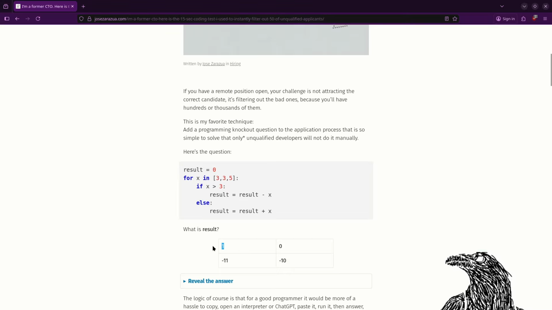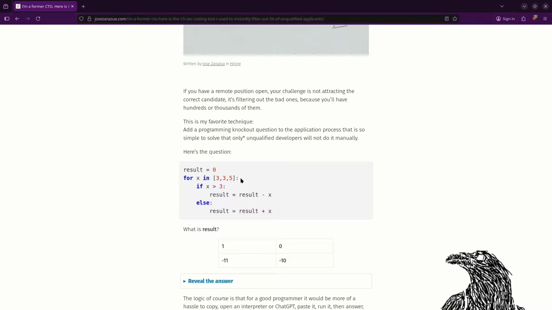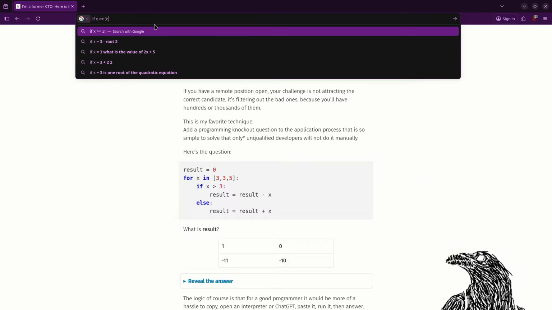The result is 1. However, if you get a little bit lazy and you copy the entire question and you send it to an AI, the AI isn't gonna give you a wrong answer, but you will ask it a wrong question, in the sense that this line here, if you copy it and you paste it, you will see that it's not the same.